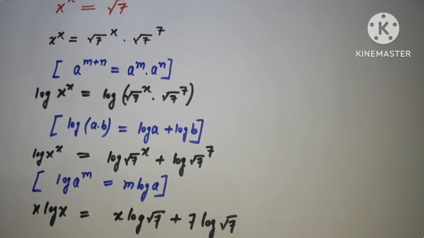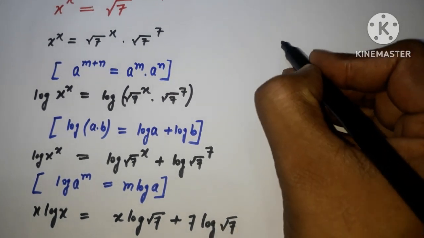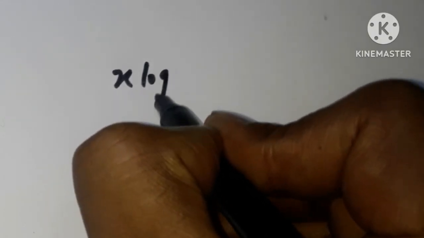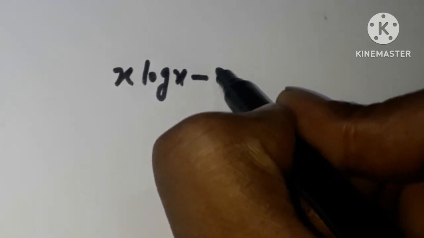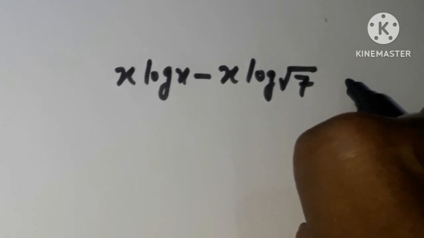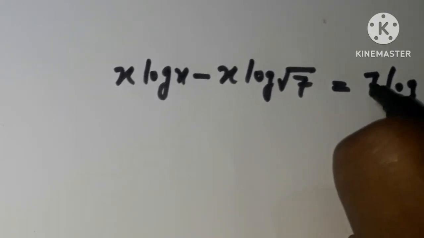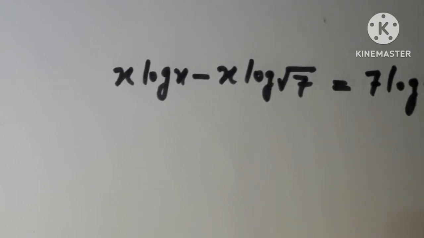Now we know that all the variables should be on the left side, that's why I am putting this one on the left side. Here the plus sign will change into a negative sign once it goes to the left. So here we have x log x minus x log root 7 is equal to 7 log root 7.